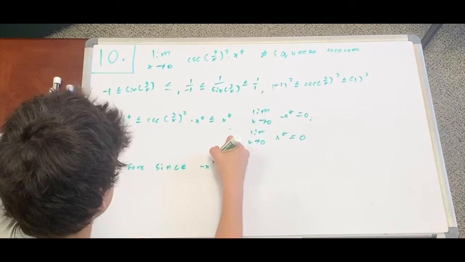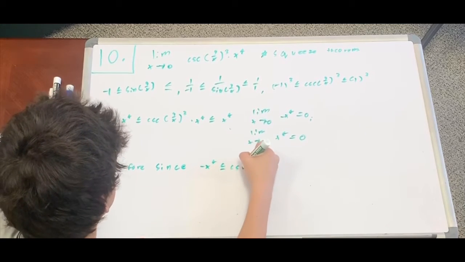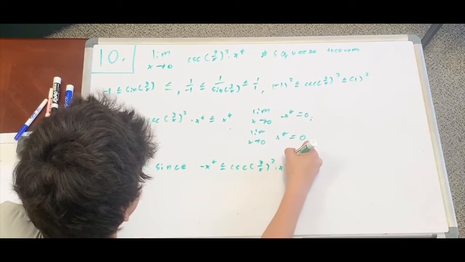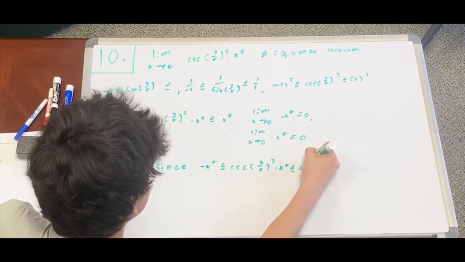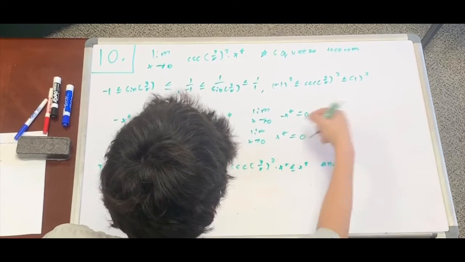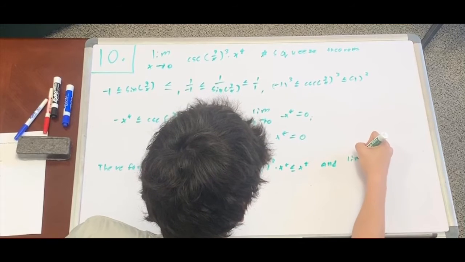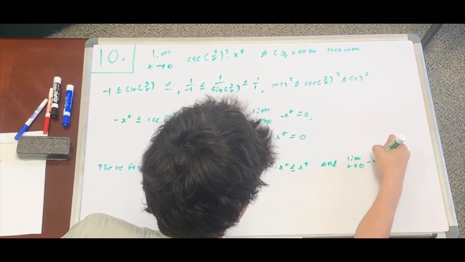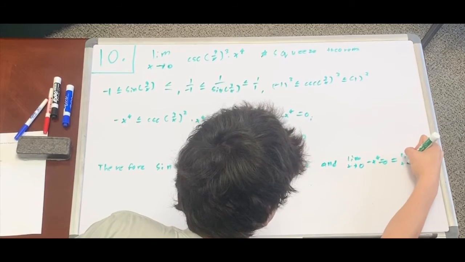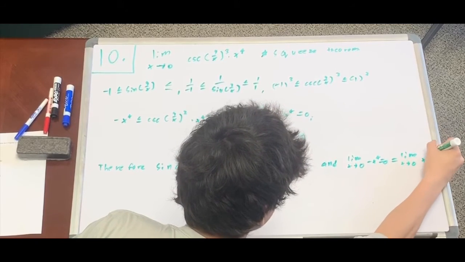Basically it's saying that since this function is sandwiched in between these two functions that we know the limit of, and the limit as x approaches 0 is equal to 0, which is equal to the limit as x approaches 0 of x to the fourth.